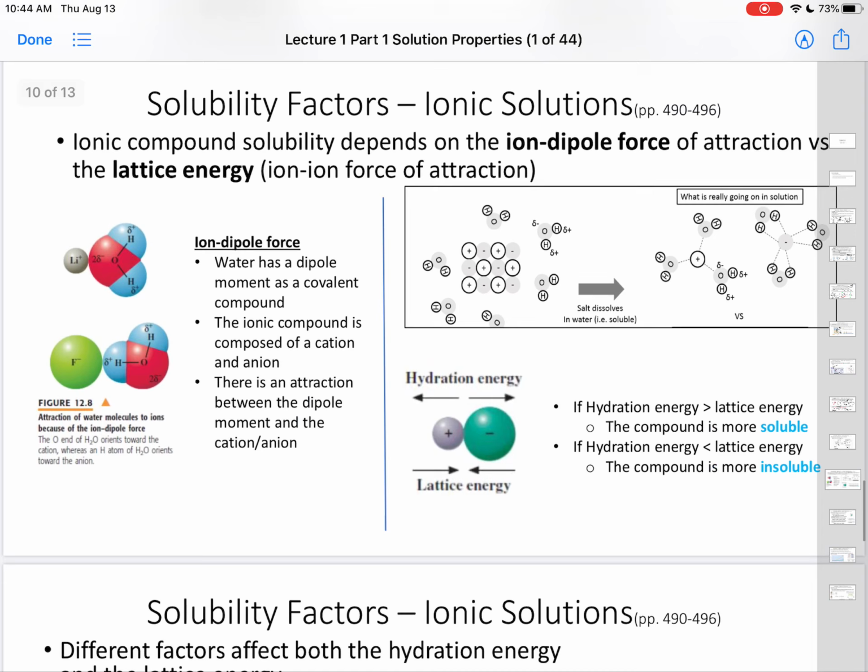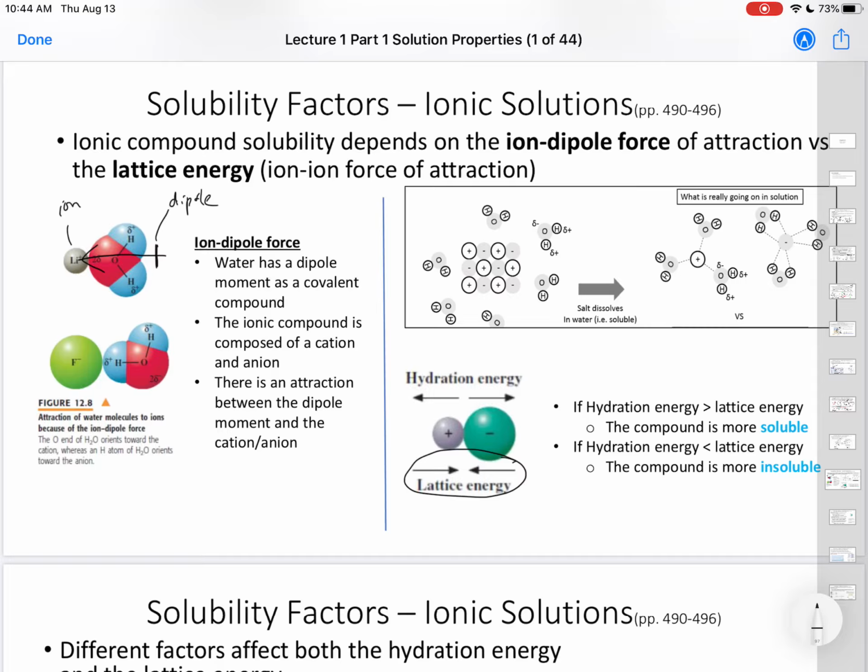That's what we see going on this side. If you have something like water, remember it is partially negative, so there's a partially positive end. So you have an ion and you have your dipole, and there is an attraction there. Whereas you have the lattice energy between the cation and the anion, the attractiveness between the positive and negative charge.